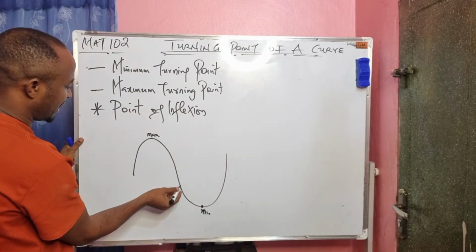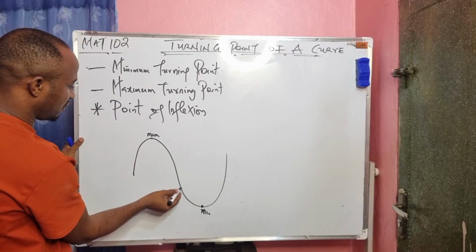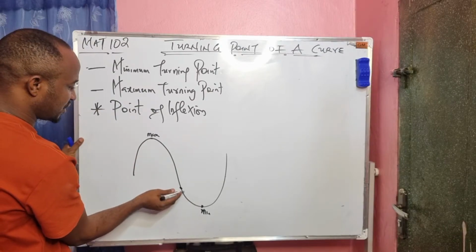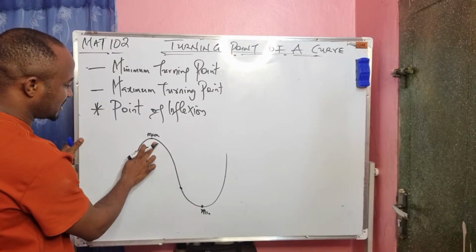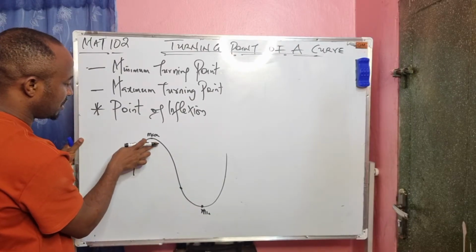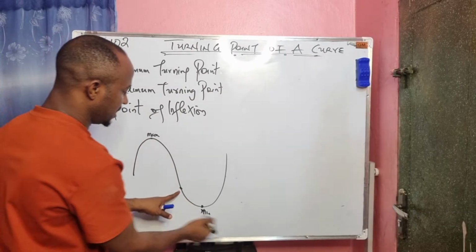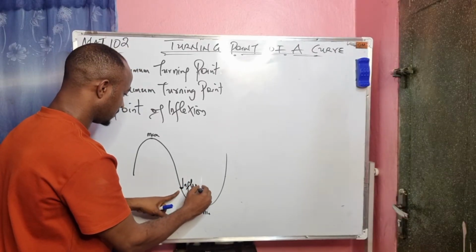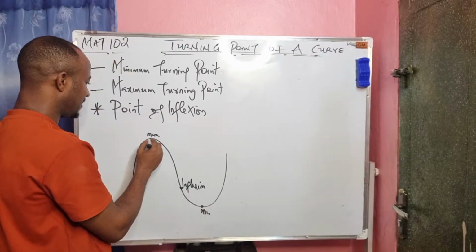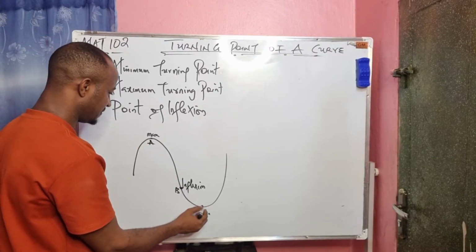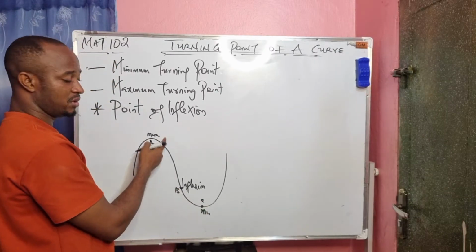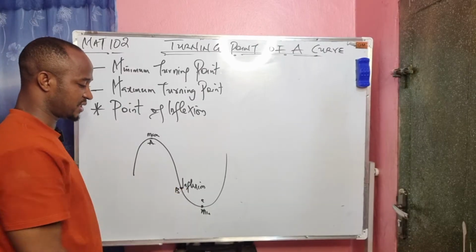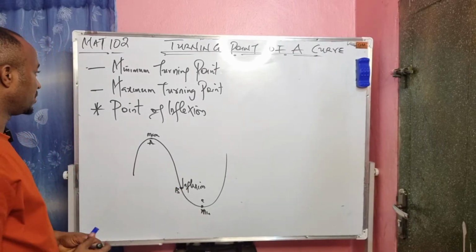The point where this curve changes curvature, moving from maximum to minimum, is called the point of inflection. So here I have A, B, and C. A is the maximum point, B is the point of inflection, C is the minimum point.